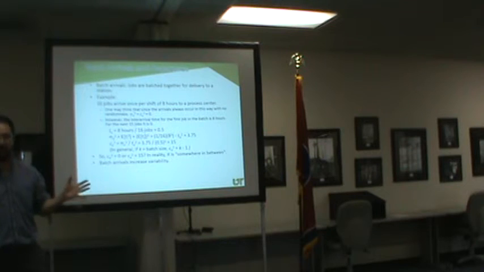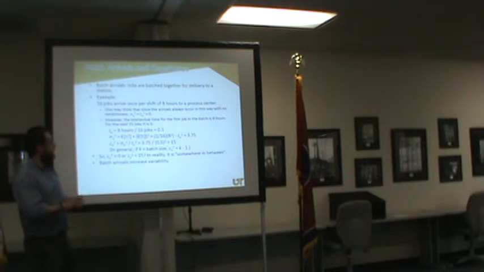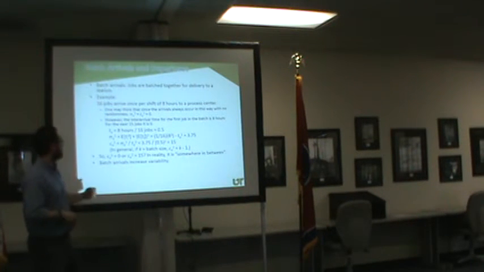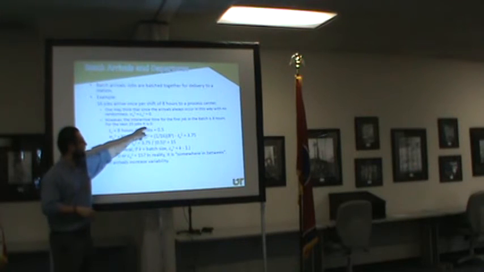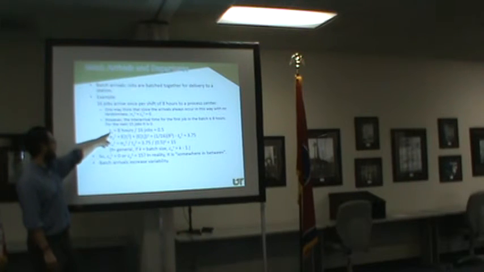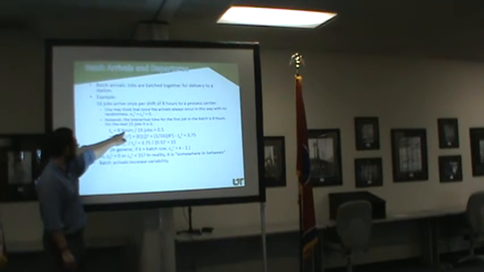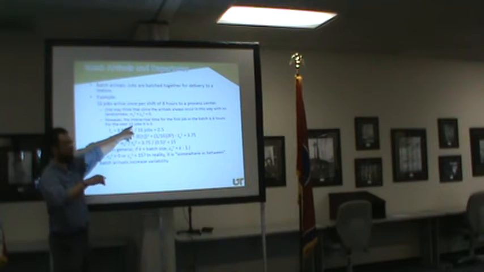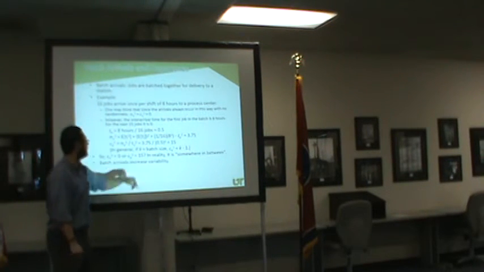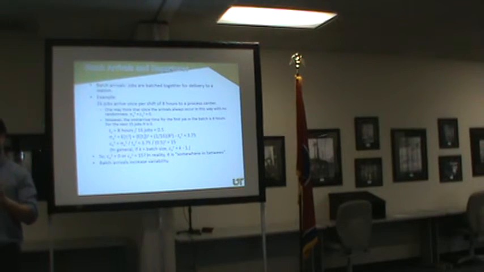So no variation at all, okay? But the inter-arrival time for the first job into the batch is 8 hours. For the next 15 jobs, it remains at 0. So we follow through this. The inter-arrival time is 8 hours, and we have 16 jobs, so the first one plus the other 15, it's 0.5, every 30 minutes. So that inter-arrival time is 30 minutes.